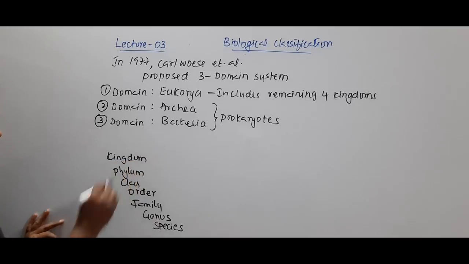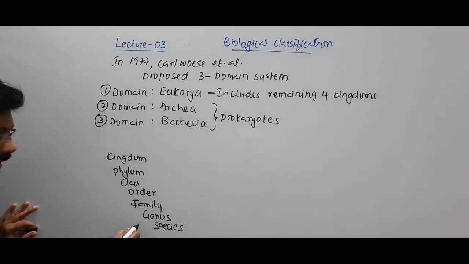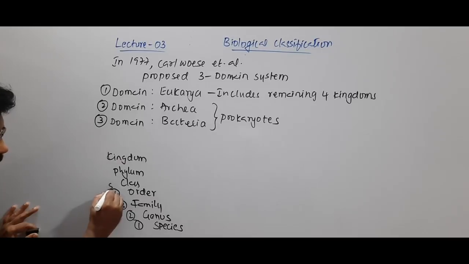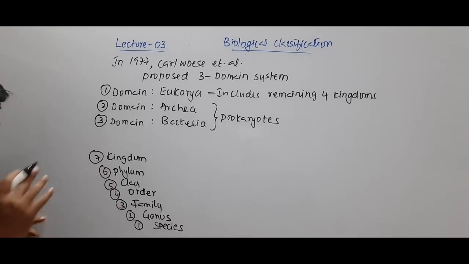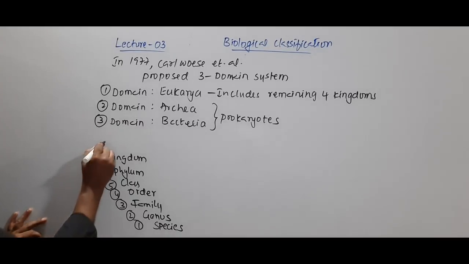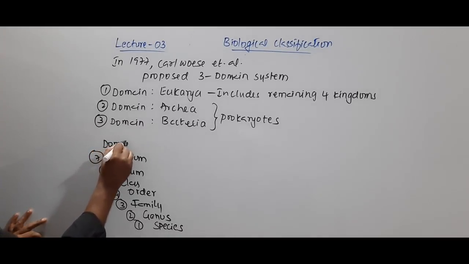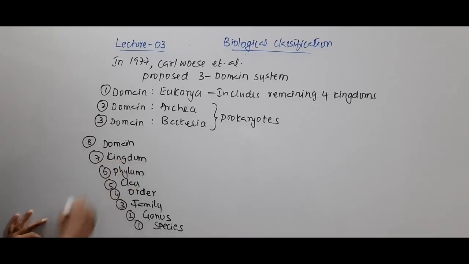So we know there are seven obligate categories: 1, 2, 3, 4, 5, 6, and 7. Now above this kingdom we include the domain, so that becomes the eighth category. So domain will be considered above the kingdom. Okay, so this is a recent classification.